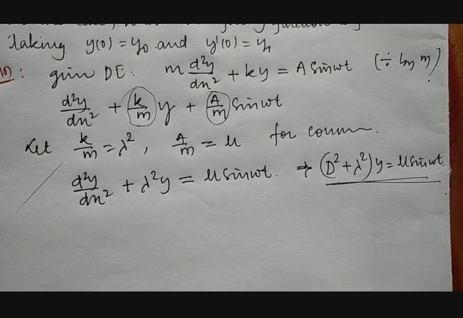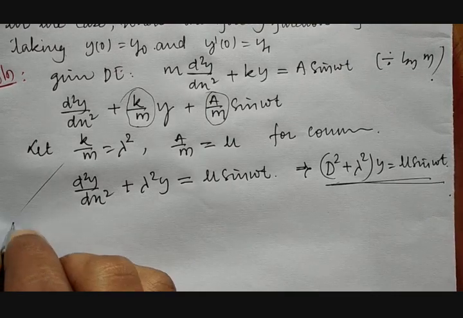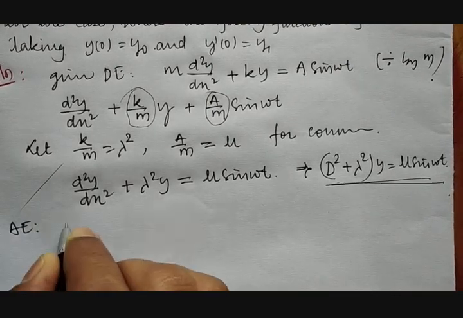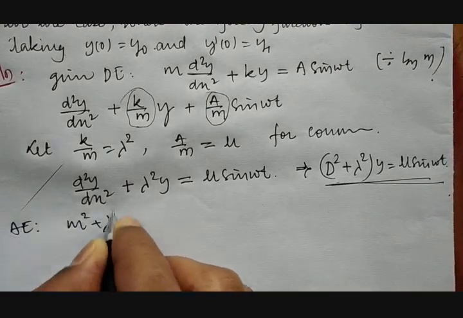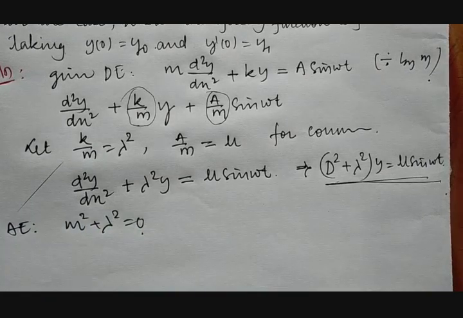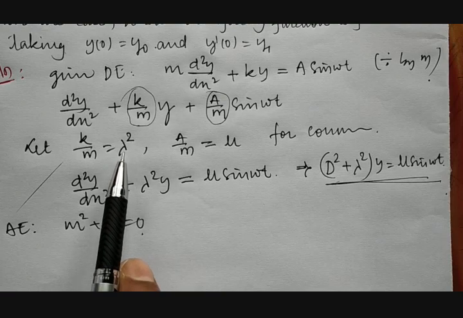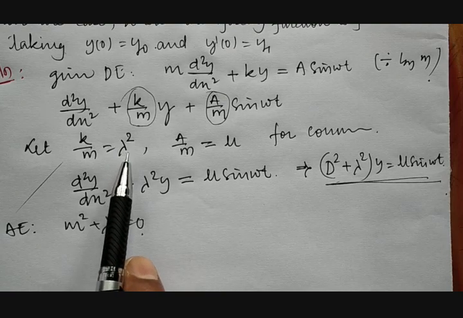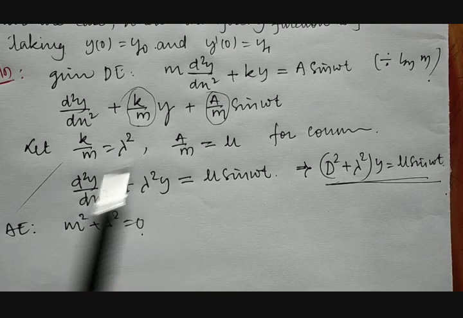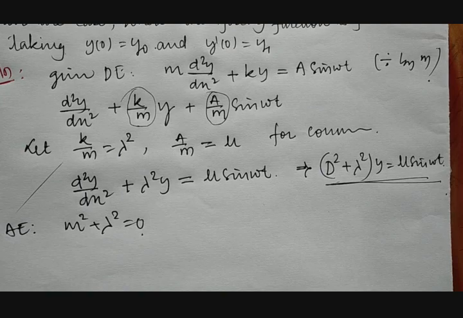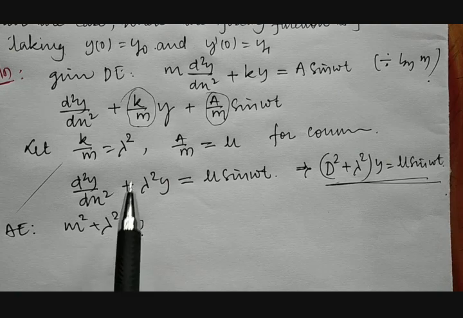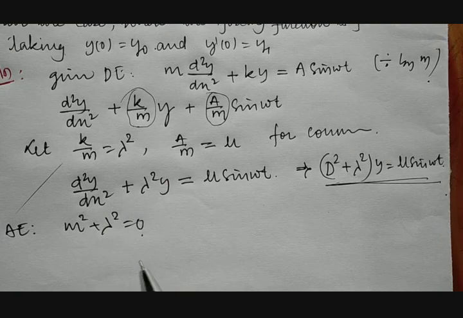First we take the auxiliary equation, which becomes m² + λ² = 0. Most of the time students ask: why have we taken λ²? When we take a substitution for our convenience, let us take one that makes things easy.